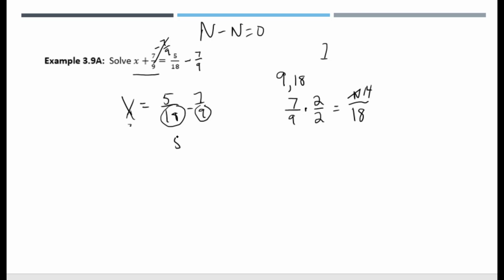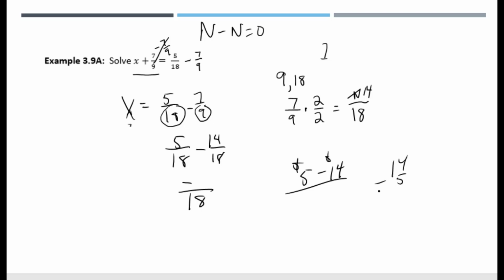So I have 5/18 minus 14/18. Now it's just going to be 18ths, right? $5 minus $14. It's essentially what you're doing. So it's going to be a negative, right? 14 minus 5 is 9.